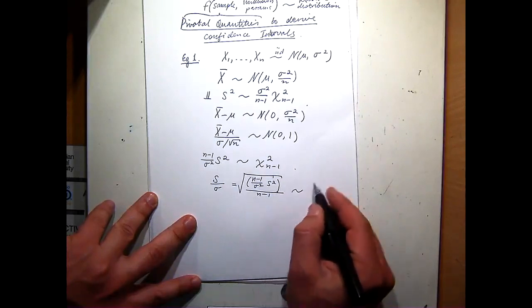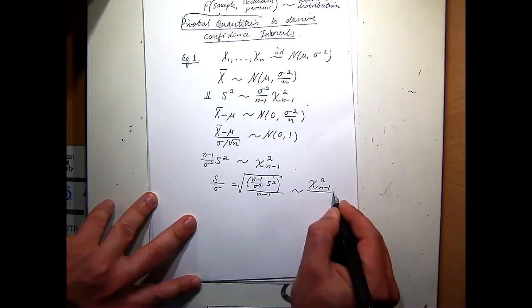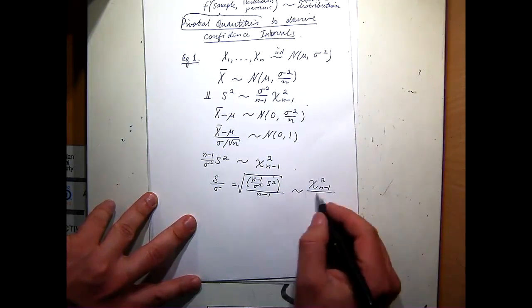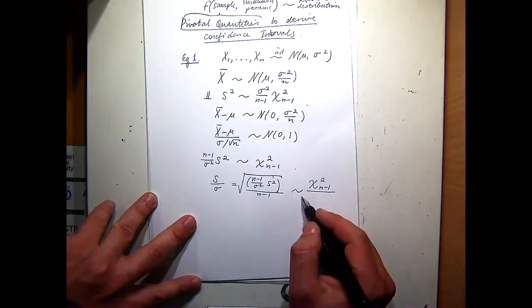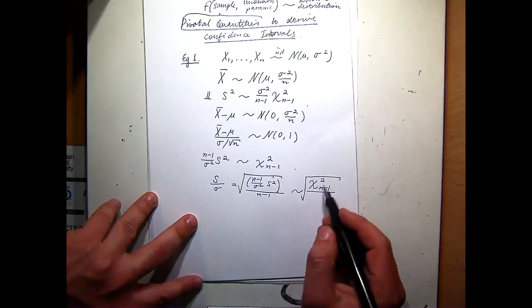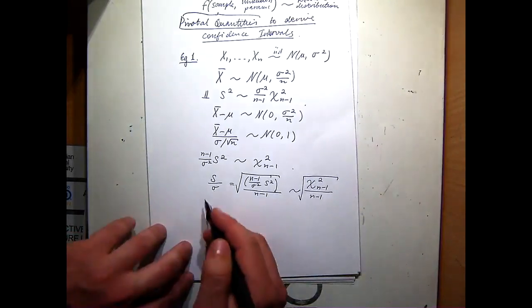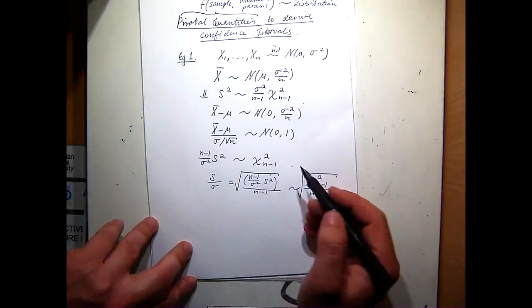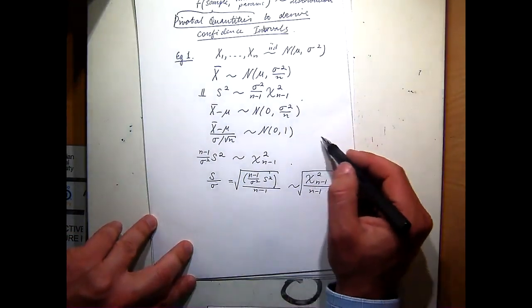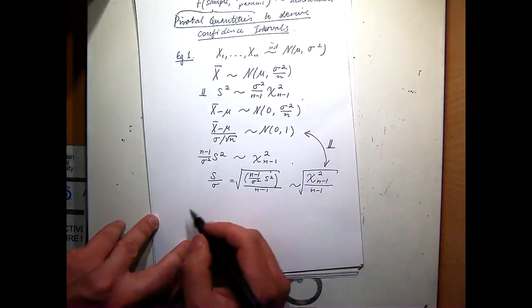So that has the distribution chi squared n minus 1, and, if you'll forgive an abuse of notation, I'm doing the scaling as what you get when you take a chi-squared distribution, divide by the number of degrees of freedom, and then take the square root. That's what s over sigma has. And once again, those two are independent distributions.